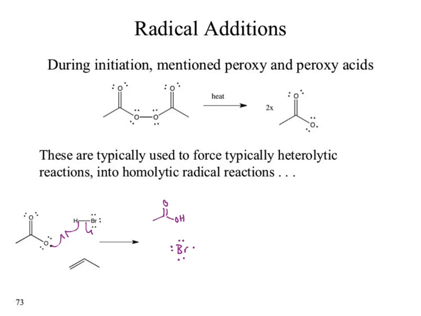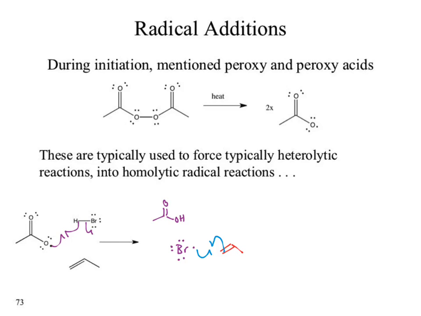Now I can initiate the selective radical reaction with my alkene. What's the most reactive thing in the alkene? The pi bond. So now what happens? The pi electrons come out. One of those pi electrons goes to form a bond with the bromine. Where does the other pi electron go?